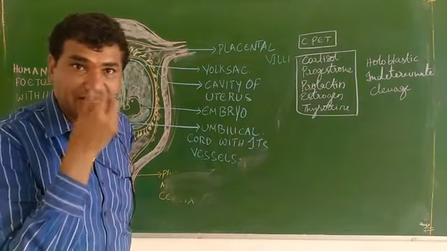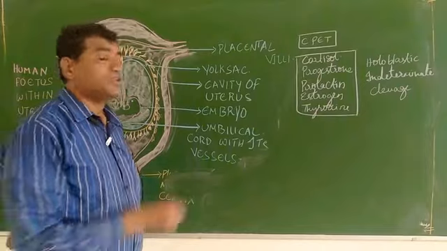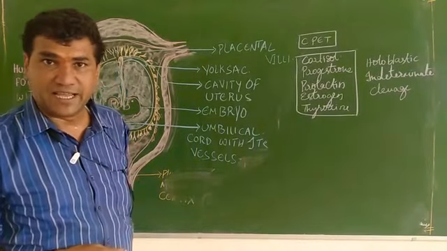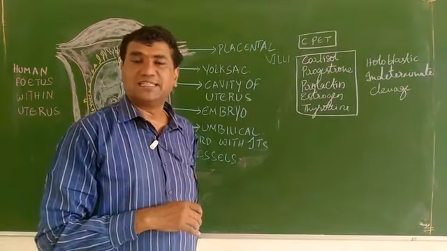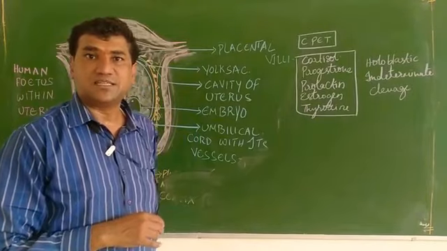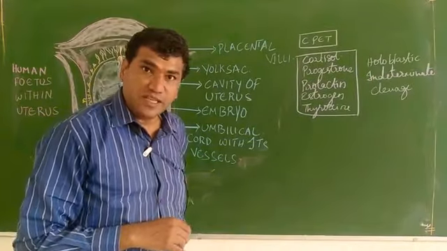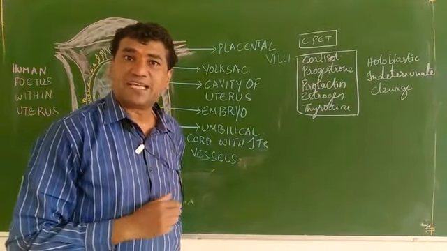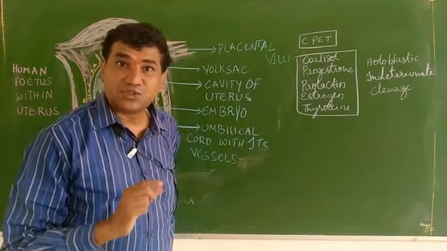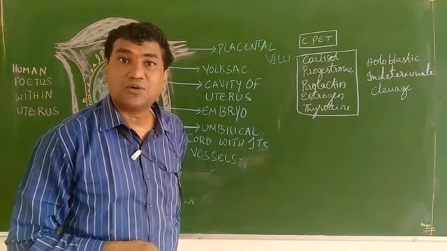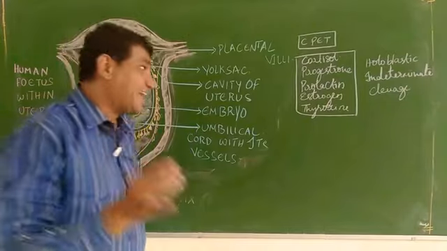Holoblastic indeterminate cleavage. Once the division takes place and the implantation is completed, the cleavage blastomere converts from the blastula stage to the gastrula stage.